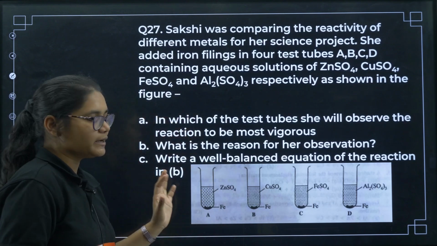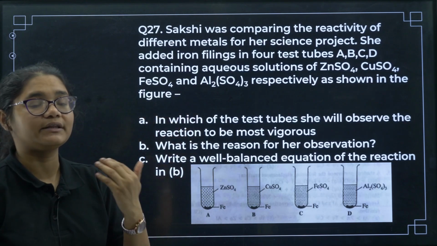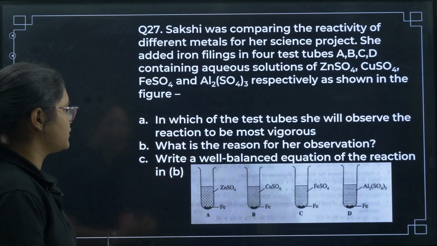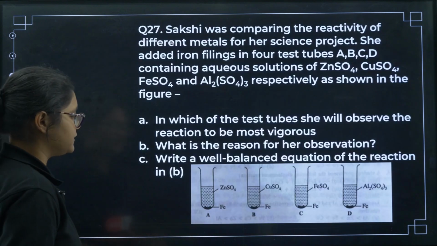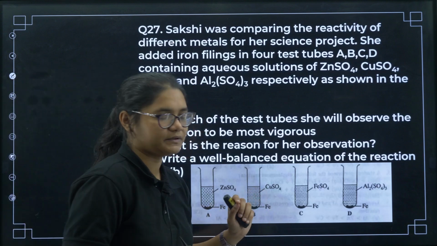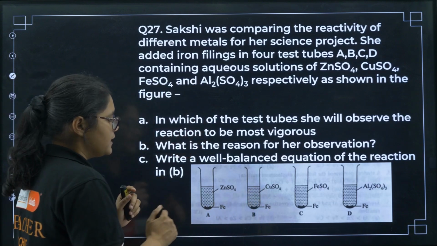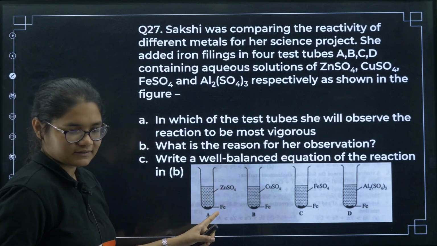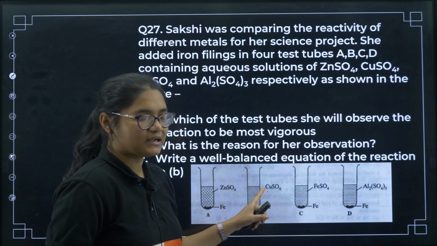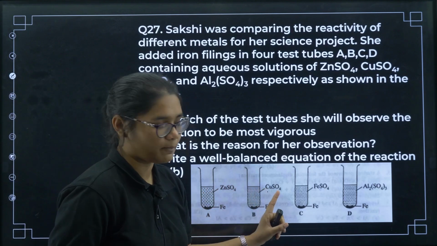Okay, so this question can be answered if you know the reactivity series. Now let us see the answer here in test tube B. What is there in test tube B? You know, Fe and copper sulfate. So here if you see, zinc is more reactive than Fe, so Fe cannot displace it. Now Fe is more reactive than copper, so Fe can displace copper here.